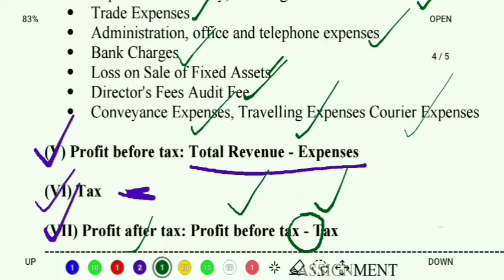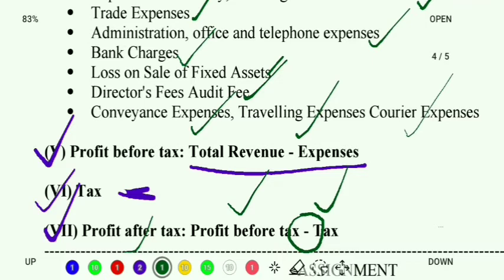After having revenue from operations and other income, we will add up both and calculate our total revenue. Once my total revenue is ready, my next work begins: calculating my expenses. For expenses, I have 7 different types of expenses. Under that, whatever items come, we need to calculate, put, and be ready with our total expenses.